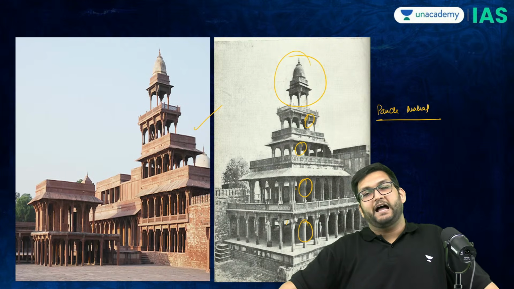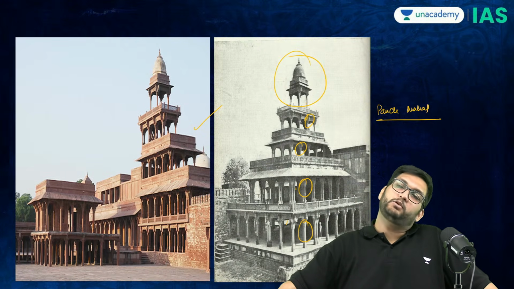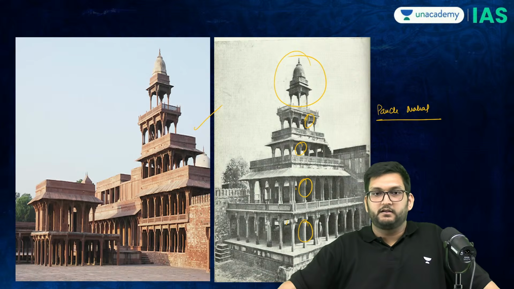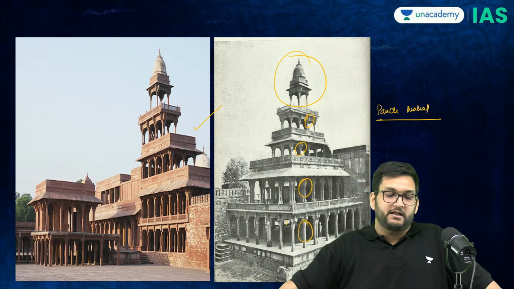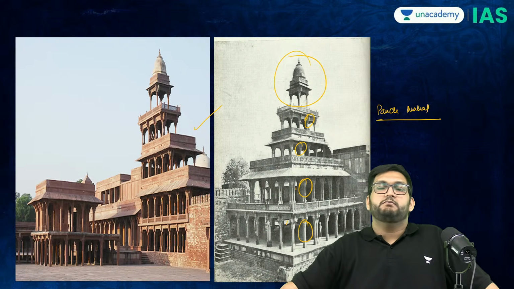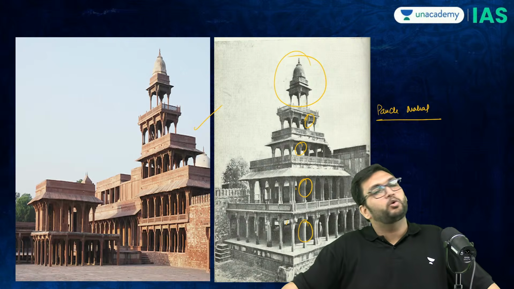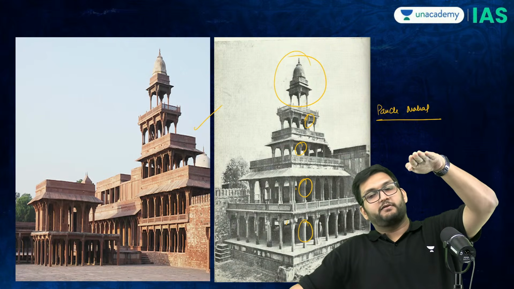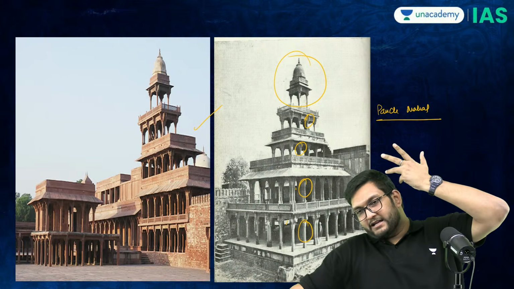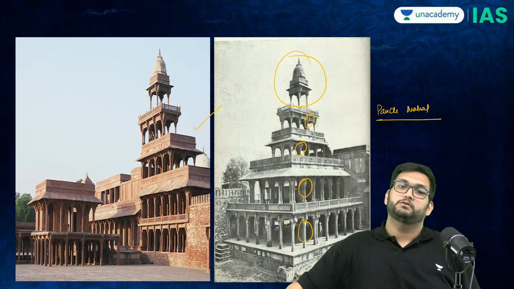Meaning, he said, I should know which floor I am on by looking at the pillar itself. Therefore, what is interesting is that by this point of time, the architects, the masons, and even Akbar was showing off. That is why red stone architecture has reached a point where now they can make anything if they want.